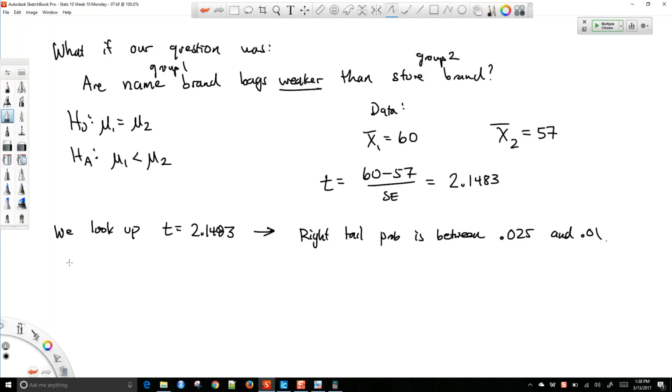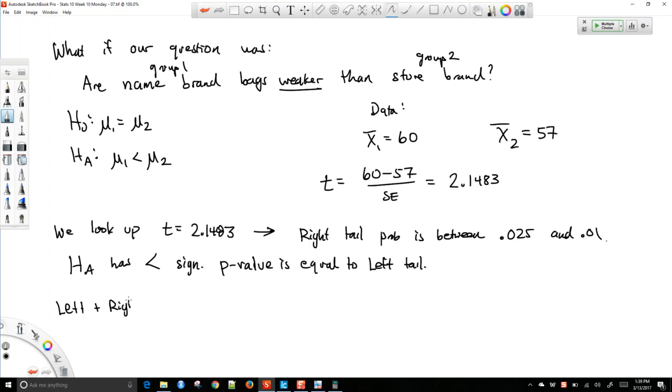Okay. And this is where the slight change happens: our alternative has a less than sign though. This means our p-value is equal to the left tail, right? That's what the less than sign means, right? So what do I do here? I know my right tail is between 0.025 and 0.01, but this time I need my p-value to be the left tail. What we know is that the left plus the right equals 1.